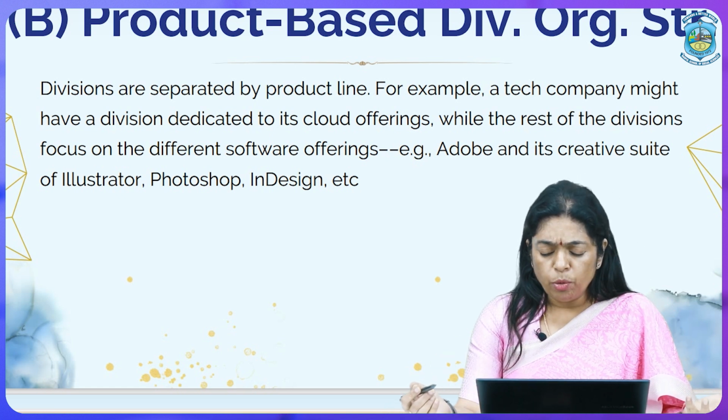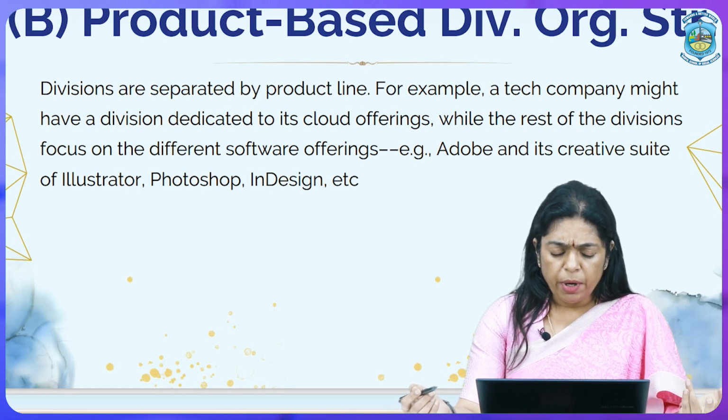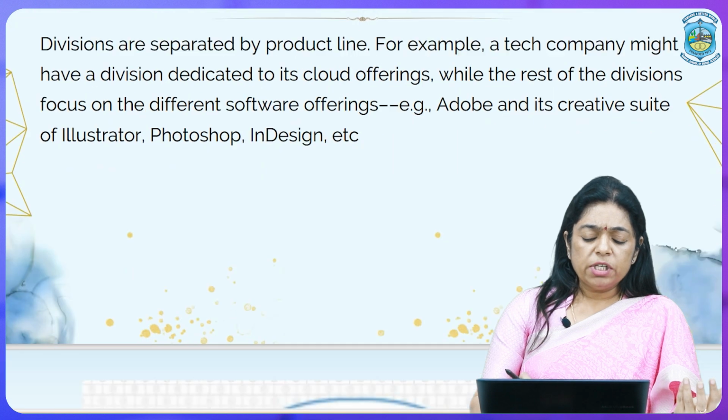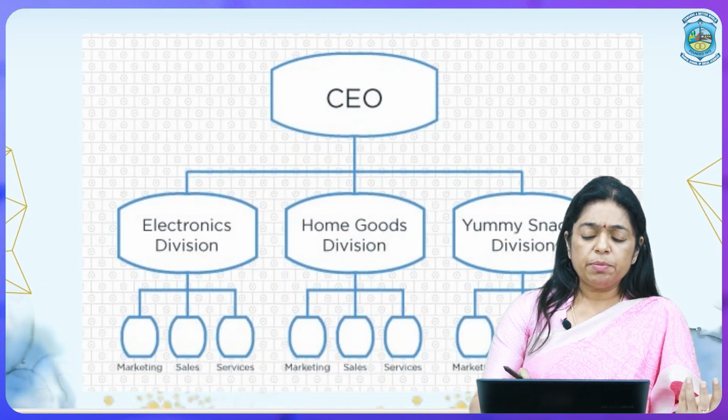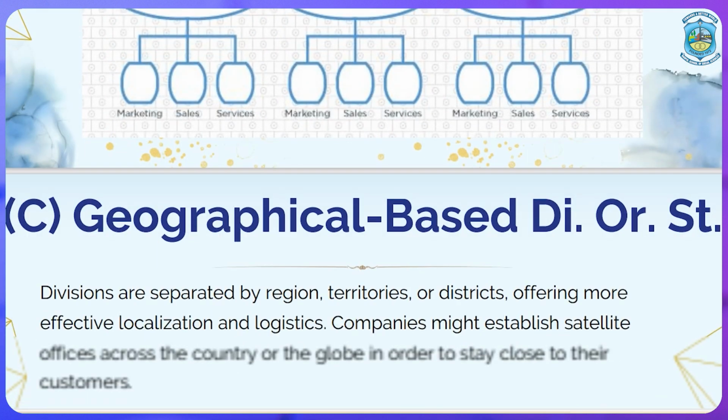For example, Adobe and its creative suite of Illustrator, Photoshop, InDesign, etc. This is a line diagram for the product-based organizational structure, where you have an electronics division, a home goods division, and a snacks division. So the structure can also be based on the products that are being manufactured.